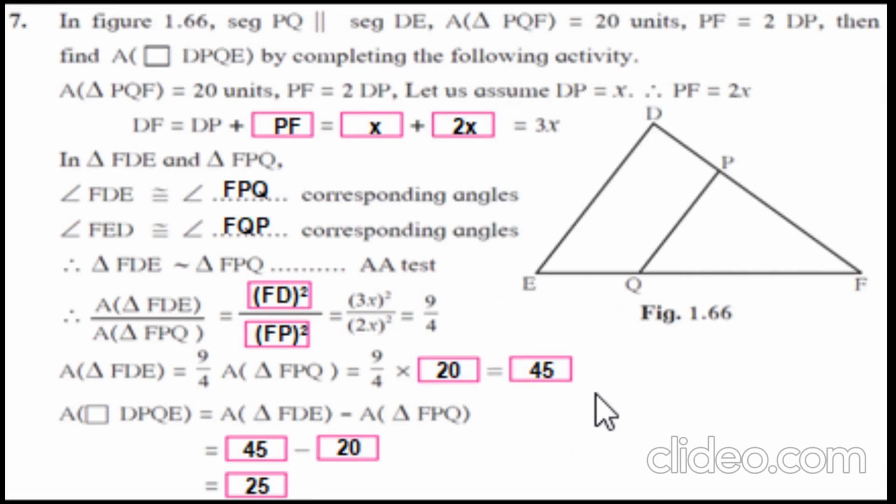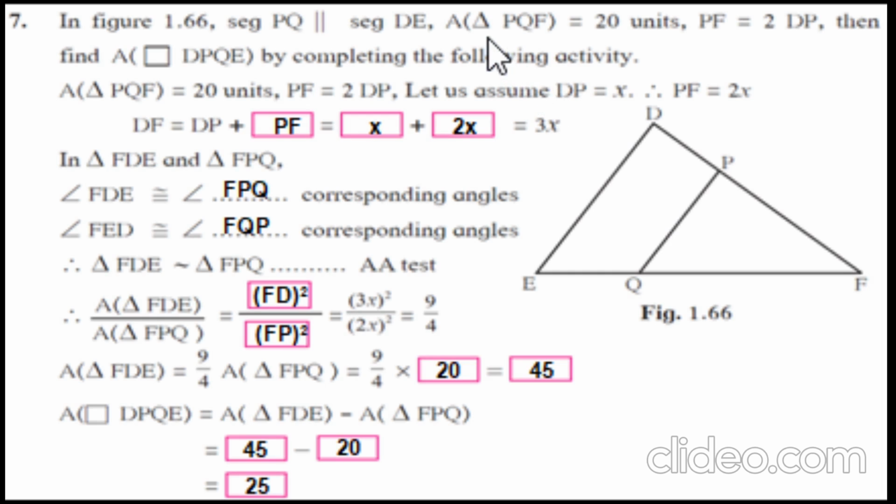Then in question number 7, an activity is given to you, and we have to complete this activity to find the area of quadrilateral DPQE. So in figure 1.66, PQ is parallel to DE. These are parallel lines.